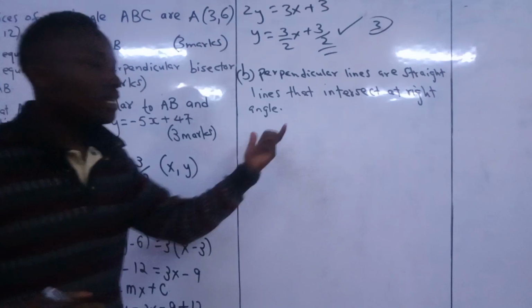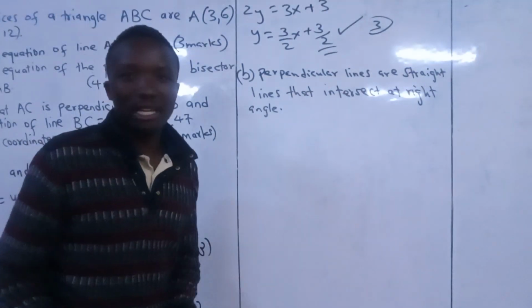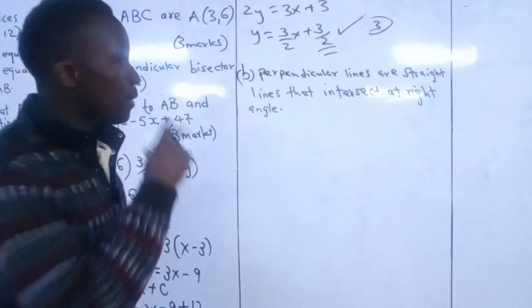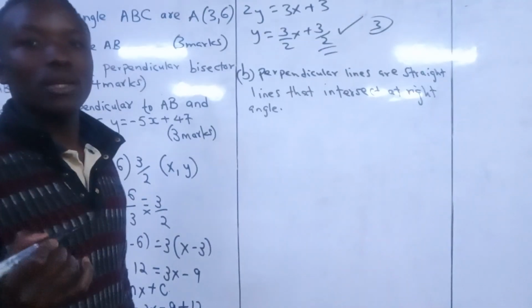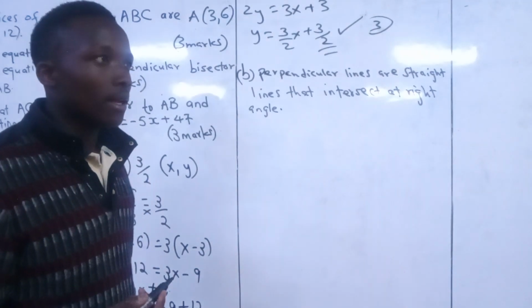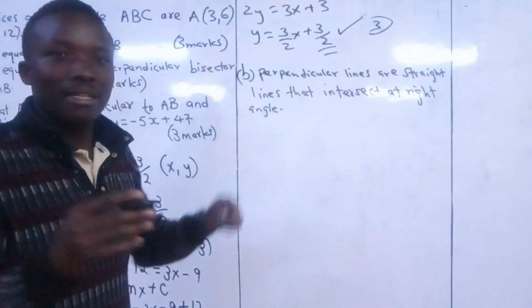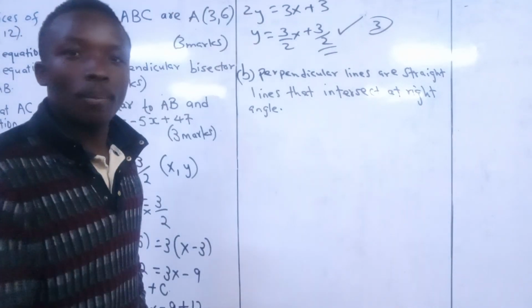That is just a simple definition we can use to define perpendicular lines. So we are being told to find the equation of a perpendicular bisector. The meaning of a bisector is a line that cuts another line into 2 equal parts.